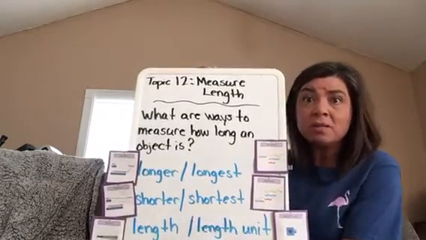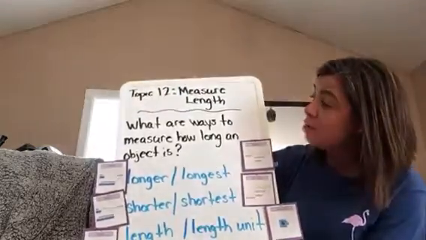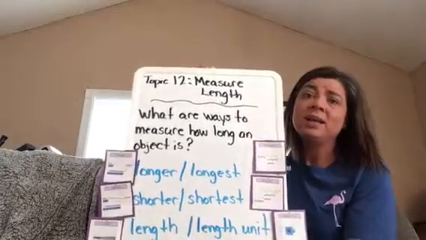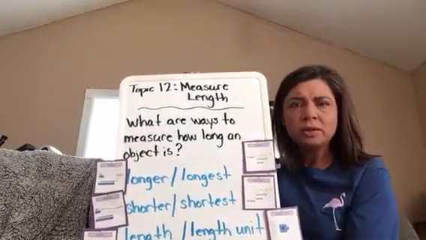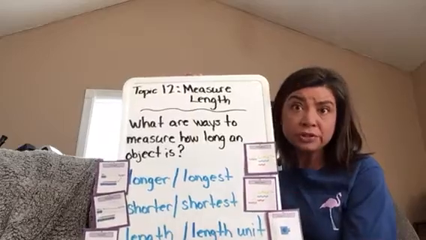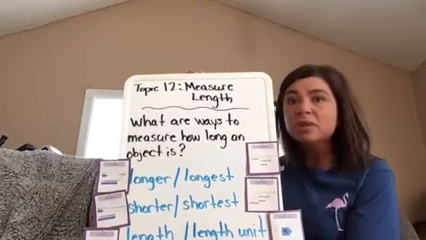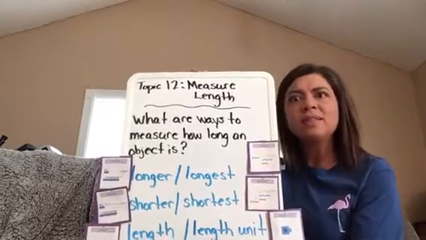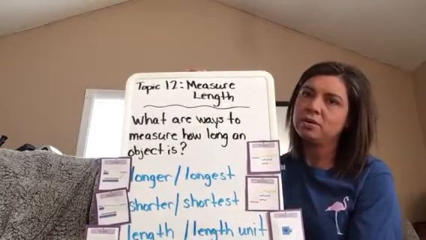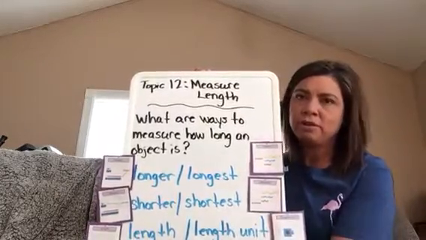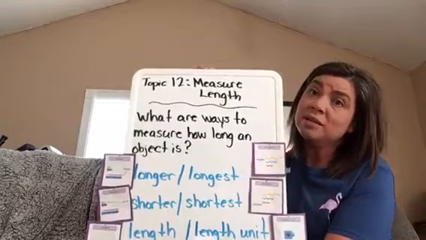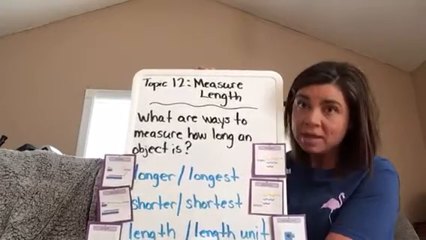So that's what we're going to be talking about: ways to measure how long an object is. You can use a ruler, you can use a tape measure, you can use a yardstick. There are different ways to measure different things.